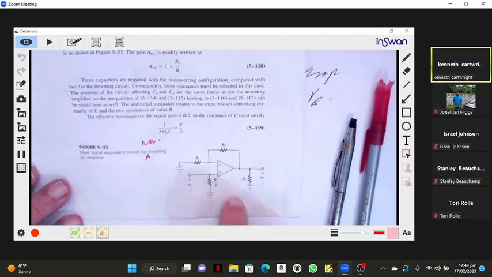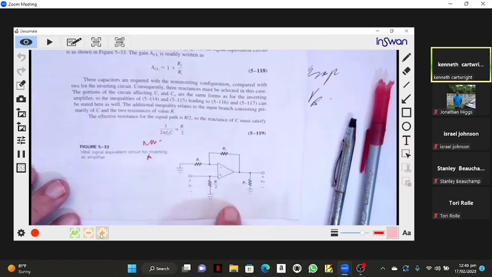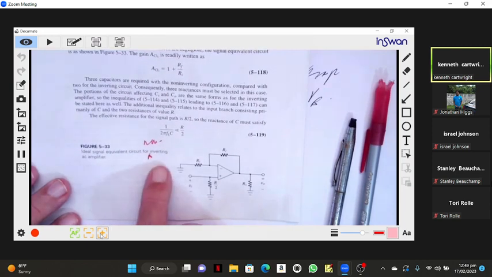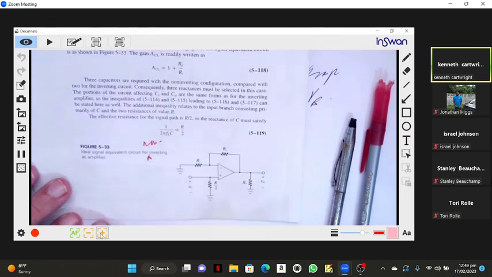And what's the gain of figure 5.33? By the way, the caption here is an error. This is non-inverting, not inverting. What's the voltage gain?